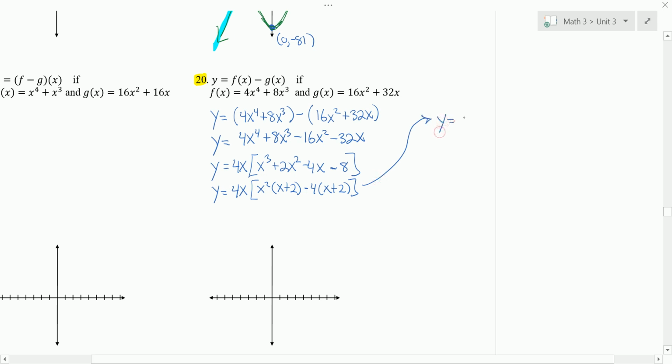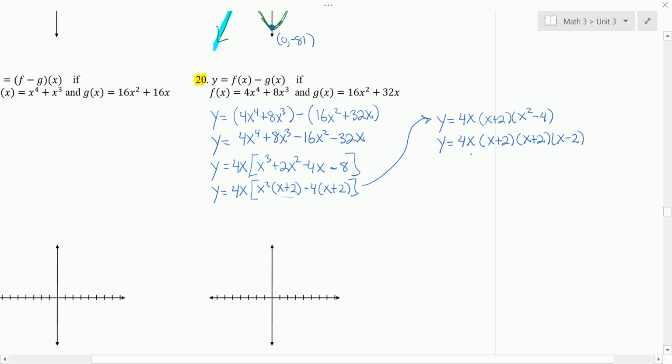And so now y is 4x times x plus 2 times x squared minus 4. And that x squared minus 4 is a difference of two squares, which is x plus 2 times x minus 2.